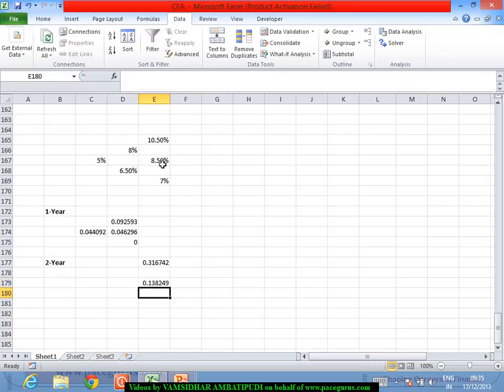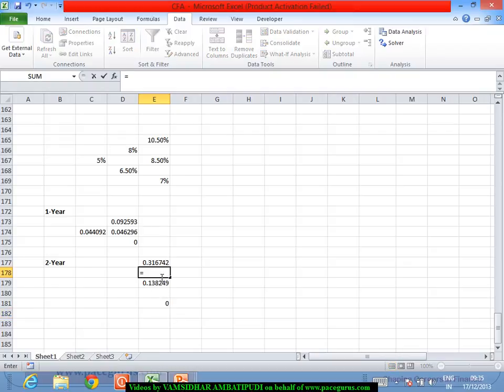So this one is giving me 0.13 as the benefit. And of course, if the market rate goes to 7%, it hardly matters whether I am exercising the option or not exercising the option. So I will be getting a 0 only as the payoff there.